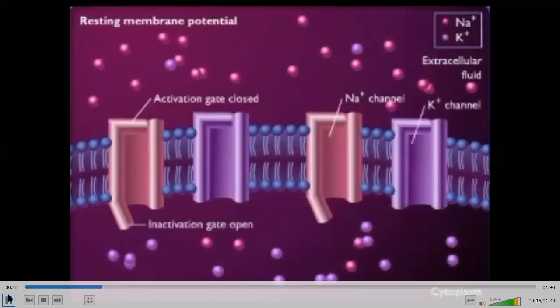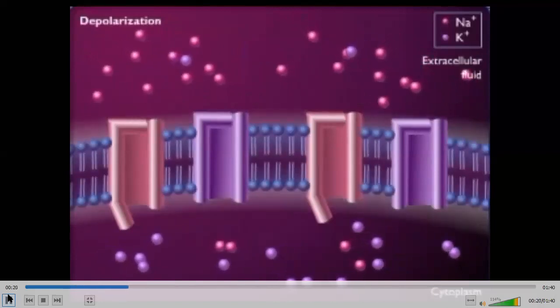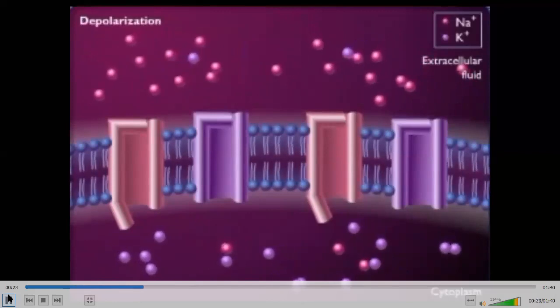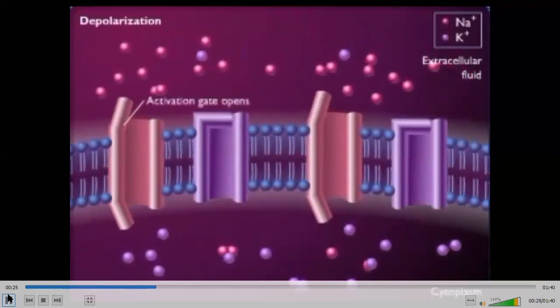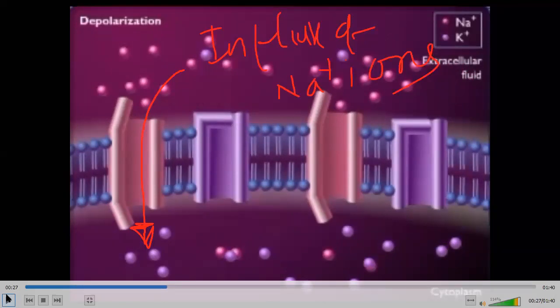So what is happening when the stimulus energy reaches the threshold, the amount of stimulus energy required to conduct an impulse? That brings the sodium activation gates open. With the sodium activation gates open, there is an influx of sodium ions, and the charge will increase. Initially it is minus 55 at threshold, so finally the charge inside will increase up to plus 45.